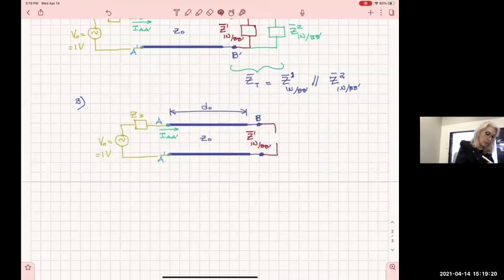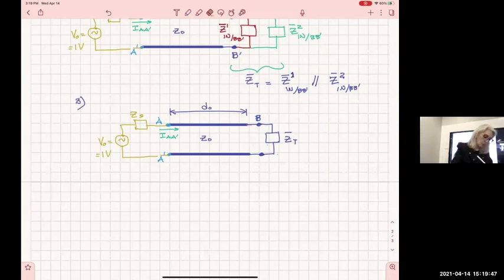And then what I'm going to do is remove this and place only one impedance at the end, which is going to be Z sub T, normalized. And then I have now only one section of a line with a load at the end, and then I will go on the Smith chart to find the input impedance.